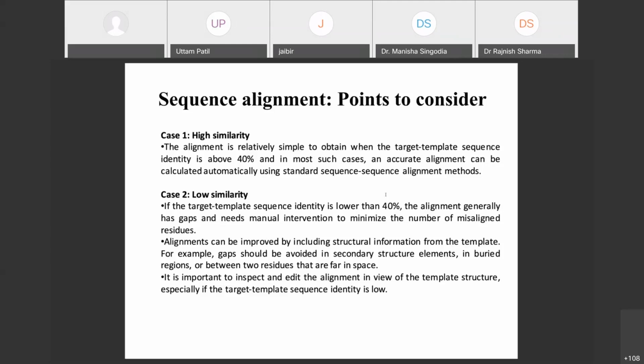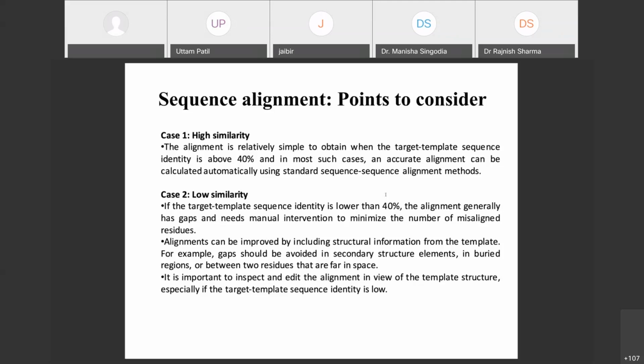Then comes the case where you have low similarity. The target template sequence is the template on which you are going to align the target sequence. If the identity is lower than 40%, that means 40% or fewer amino acids are identical in these two proteins.